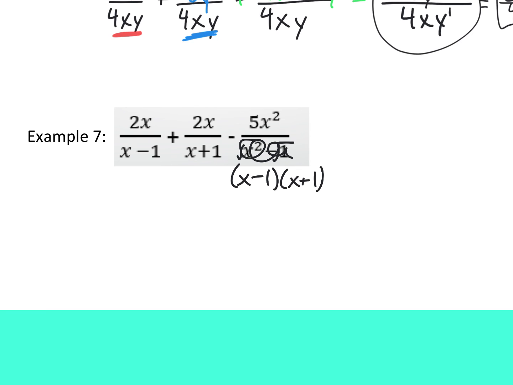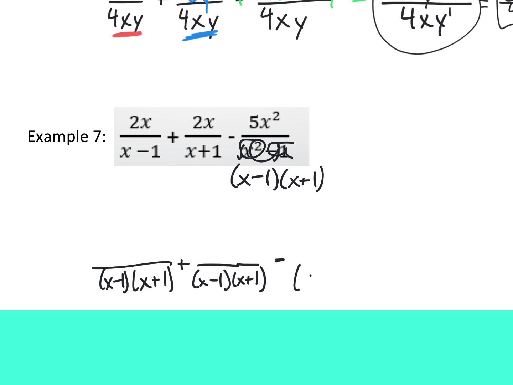Yeah, you have to have both of them, right? x minus 1, x plus 1, whichever order you did it. So write it out 3 times. Okay, first fraction. Need to multiply by what? Yep, it's missing the x plus 1. When I distribute it out, what does it become?